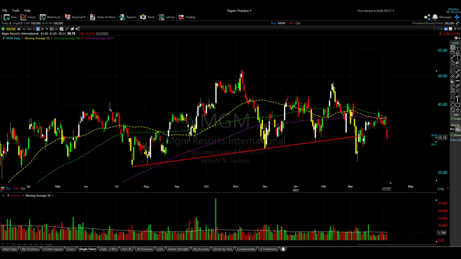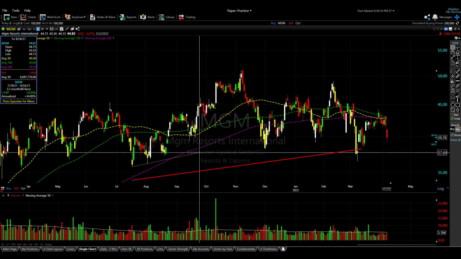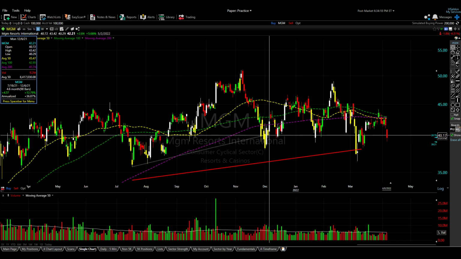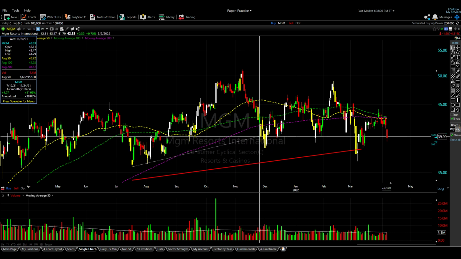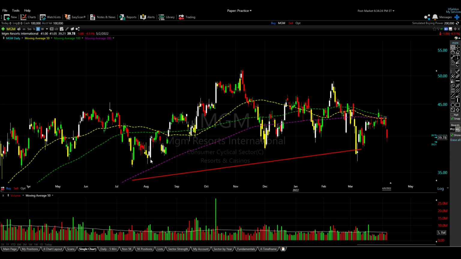By the way, on this line here, we could try to draw it up to there like that, but you see there's not really any touches on this after, and you have a really short distance between this one and this one.